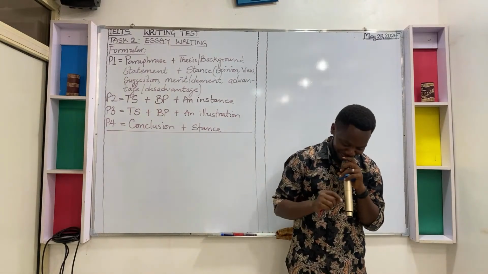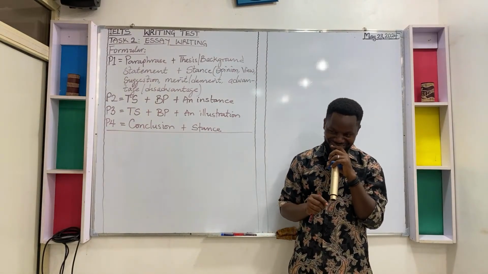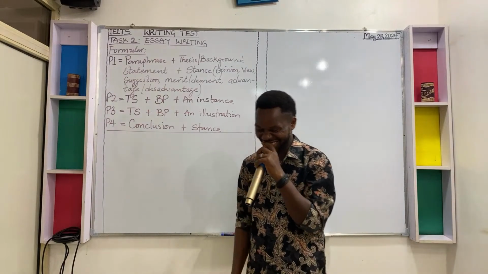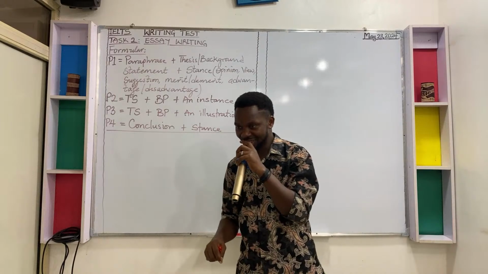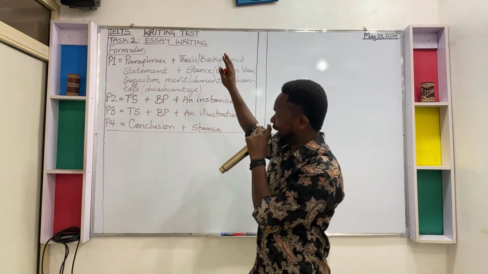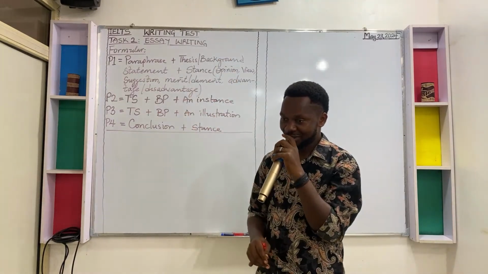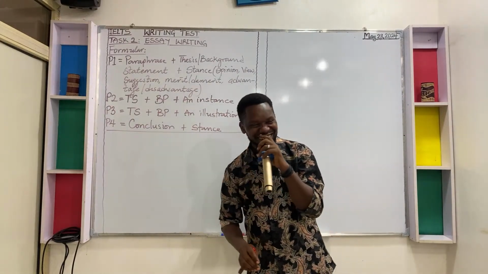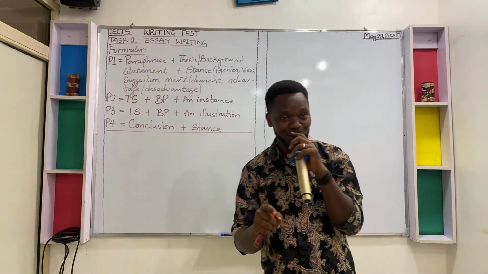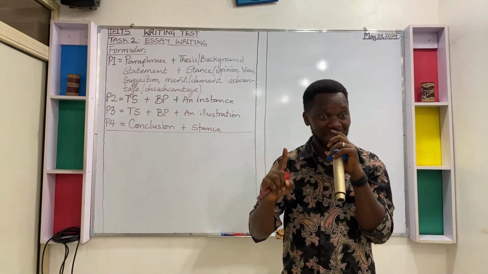But you didn't answer my question. I asked, what is the first thing you do when you are asked to begin your essay? You read your question once. Thank you. One step at a go. So the first thing to do is to read the question once.